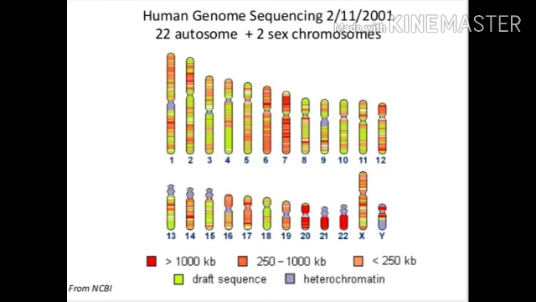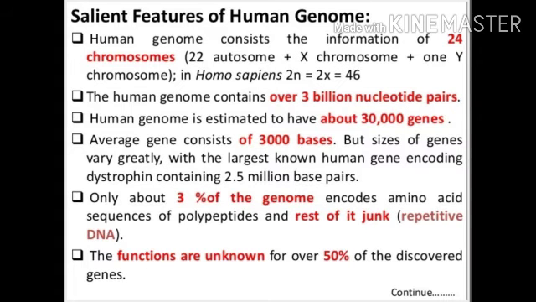In this slide you can see human genome sequencing done by 2001, in which you can see 22 autosomes plus 2 sex chromosomes, X and Y. Y is the smaller one.